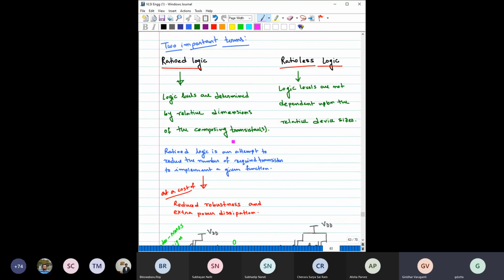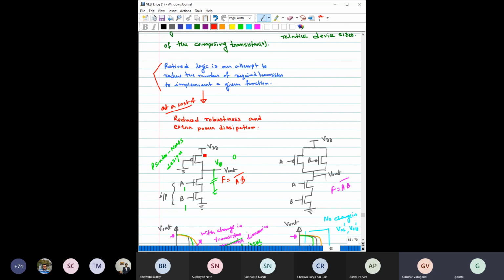So why then do we need to construct ratioed logic? The whole purpose is that, for the two-input case, if you compare the number of transistors, it is 3 here and 4 here. For CMOS with two inputs, you need two transistors for the pull-down network and two transistors for the pull-up network.